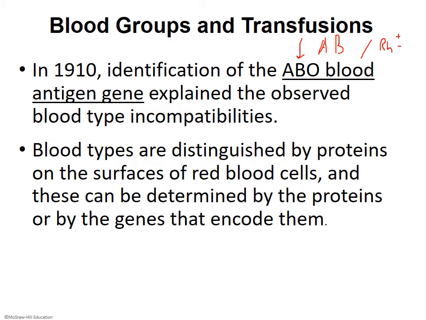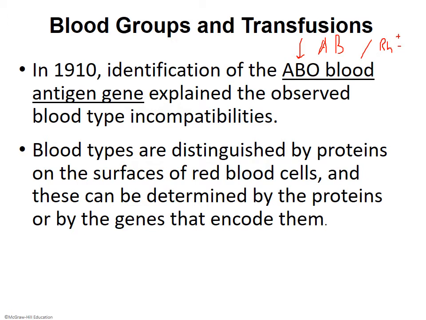The way it works is we have something called an antigen on our cell surface, and inside our plasma, we have something called antibodies, which go around and look for harmful antigens. These are the two main players of this play: antibodies, which are flowing through our plasma, and antigens, which are found on the cell.